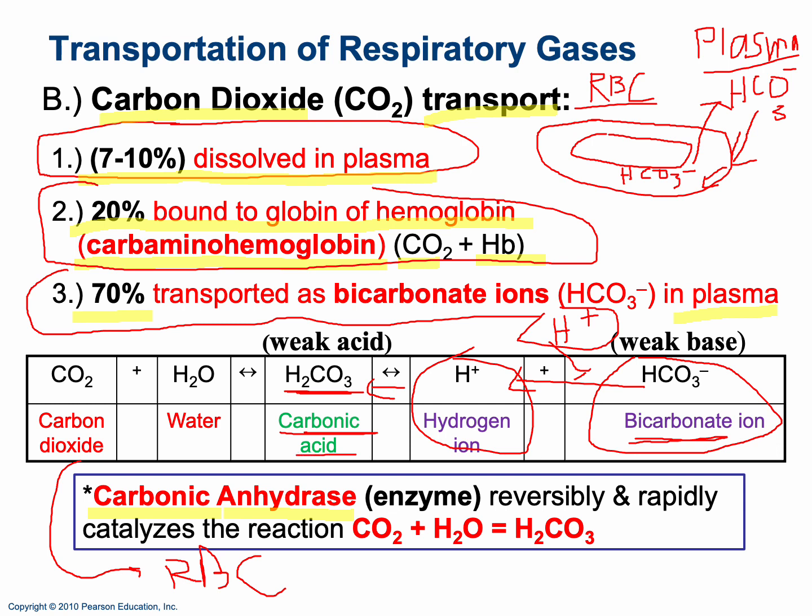This is all taking place in the red blood cell, by the way. H2CO3, carbonic acid, is a weak acid, and it needs to be broken down. This is broken down by the important enzyme, carbonic anhydrase. And then ultimately you have your water and your carbon dioxide.